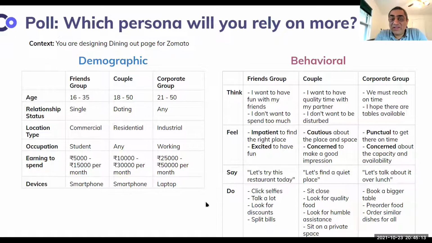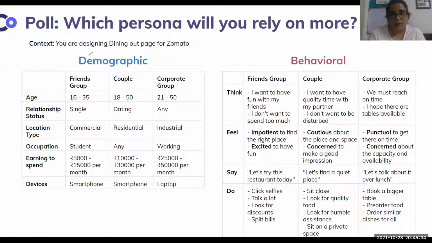With demographic data, you have no idea why your people behave the way they do, right? You have no idea what they need, what they feel. Yeah, but the question was basically on which part we will depend upon.